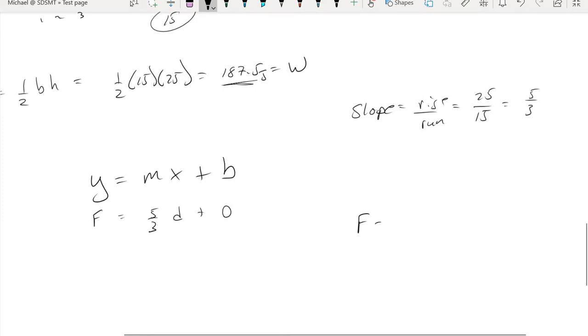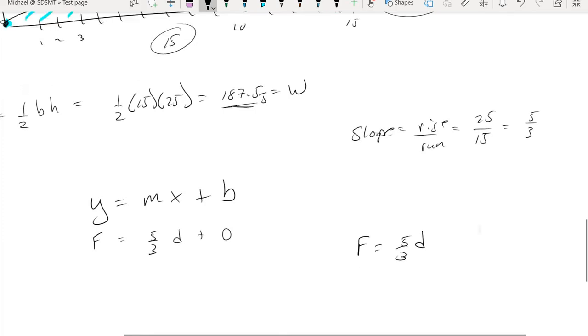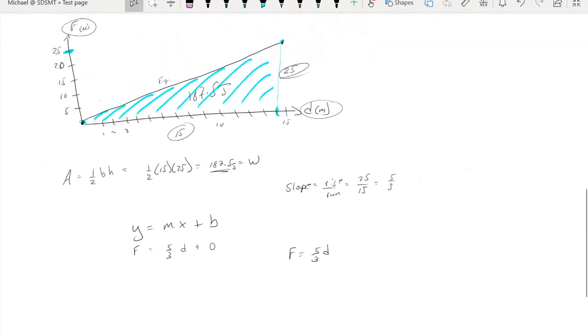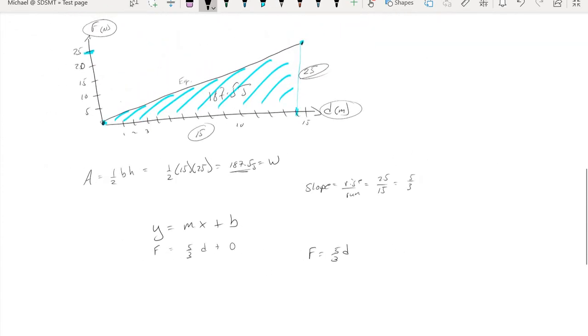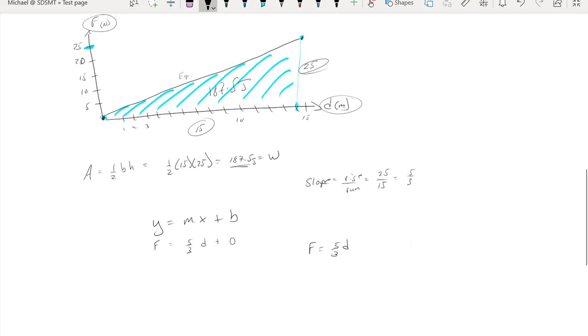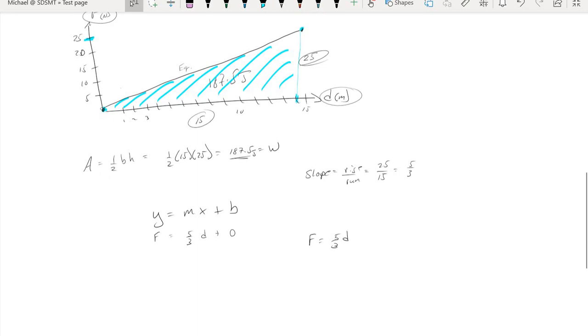And there's the equation. F equals 5/3 d, where d is the horizontal variable. You could just as easily call it x if you want to. And then F is the corresponding force that results from changing our displacement.